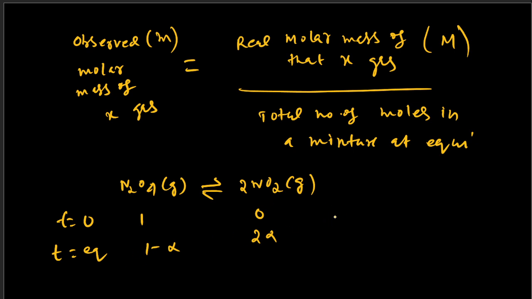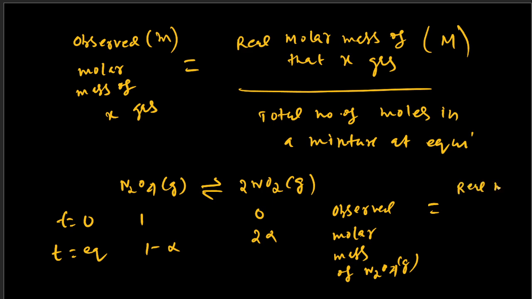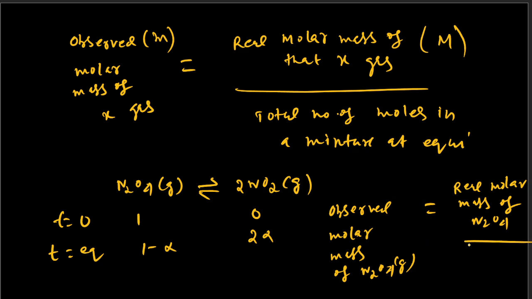So here the observed molar mass of N2O4 gas is equal to the real molar mass of N2O4 divided by the total number of moles. So the total number of moles is how much? 1 minus alpha plus 2 alpha. So I am taking the observed molar mass as m.